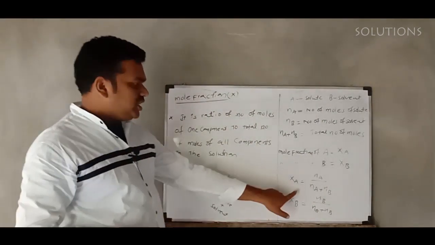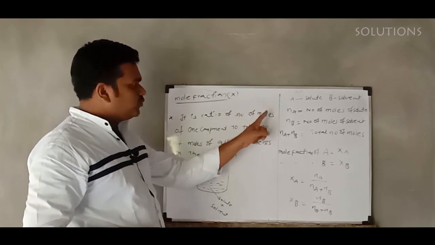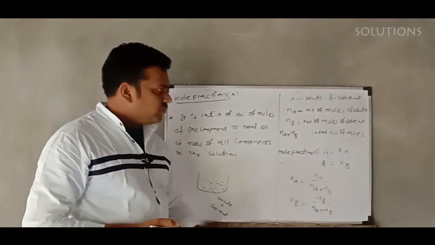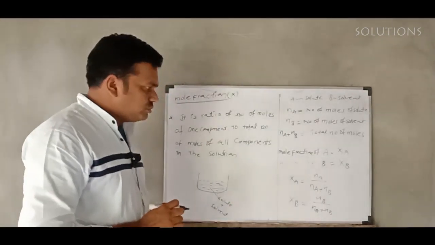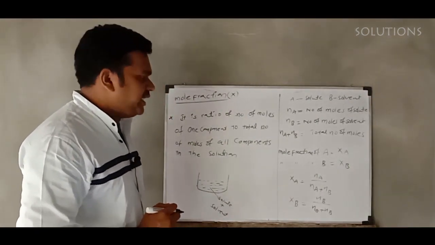Clear? According to the definition, it is the ratio of the number of moles of one component to the total number of moles. One component is NA, total is NA plus NB. So XA is equal to NA by NA plus NB, and XB is equal to NB by NA plus NB.